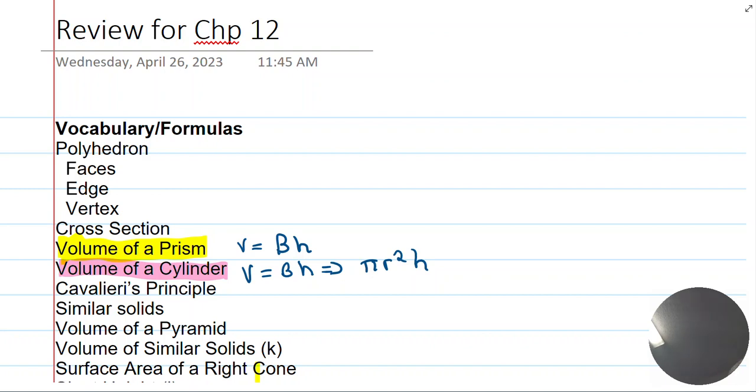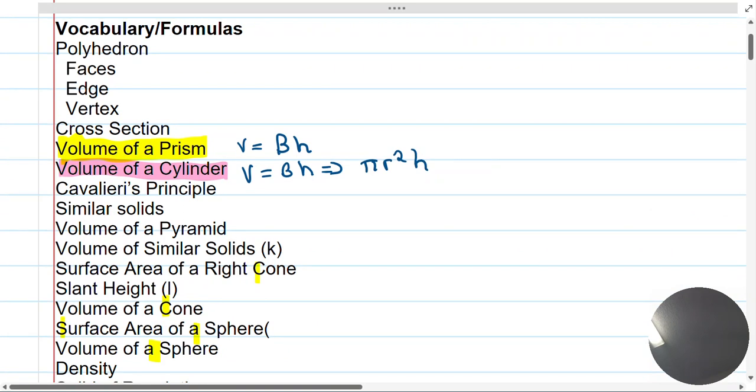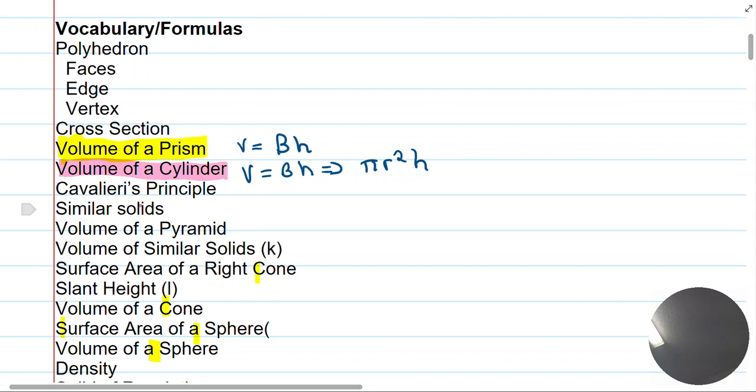Cavalieri's principle involves the fact that you can have a cylinder or a prism that is tilted, and still we find the volume with the same object. We are not going to have solids on similar solids.